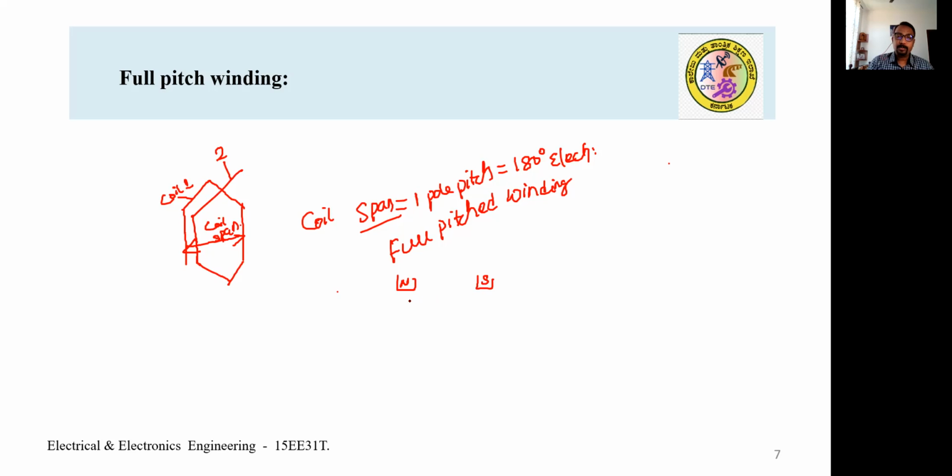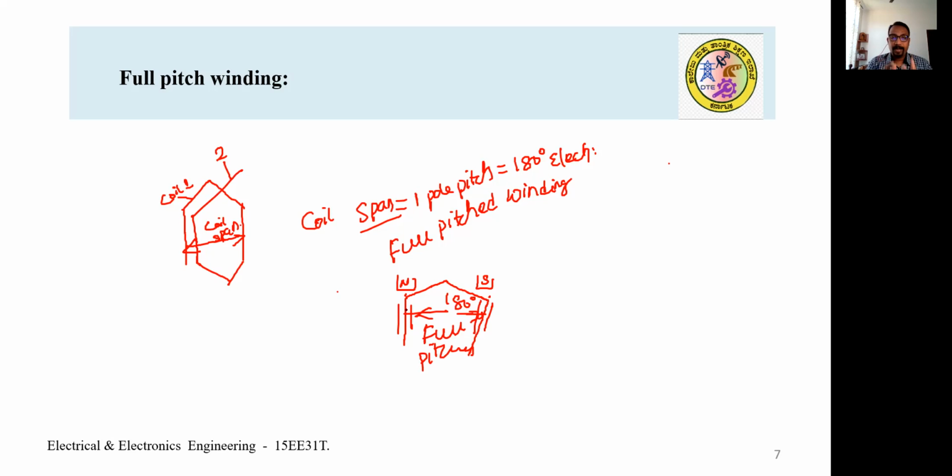In the case of a full pitch winding, if you place one side of the coil in a slot under the N pole, then its corresponding other side comes exactly under the S pole. Then such winding is called a full pitched winding. That is, the coil span is equal to 180 electrical degrees.